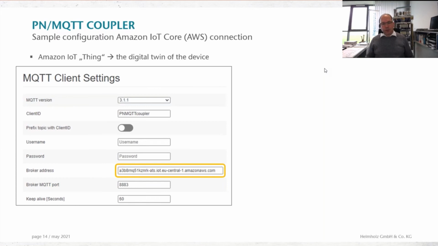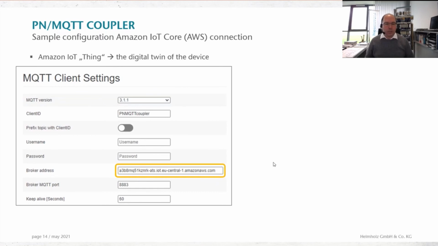Yeah, and for the configuration, I already showed you the web page, so it's totally easy. You have a broker address you want to access, and if you define the thing in Amazon IoT, which is explained in the manual, you get a DNS link to the Amazon AWS IoT Core. This is especially for this device.